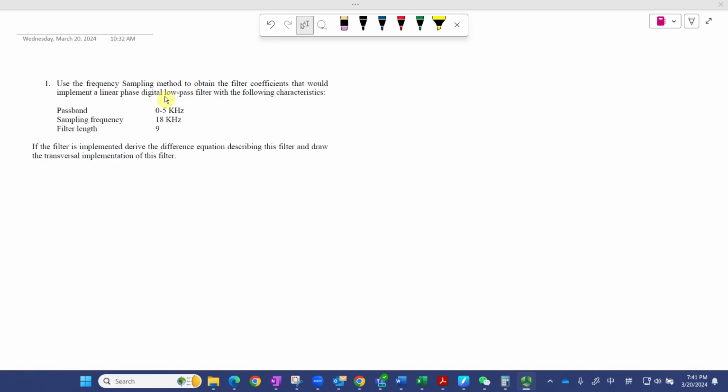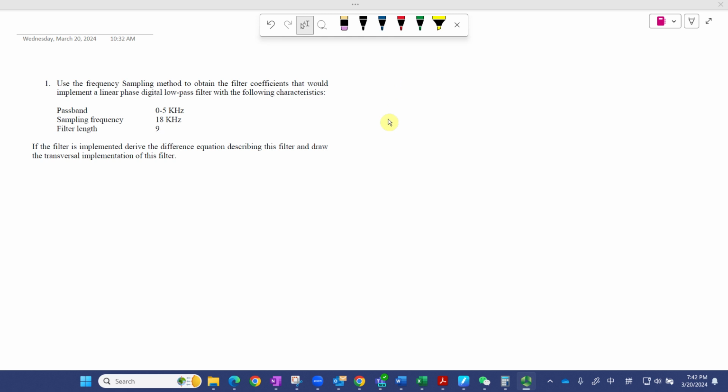Okay, so this question is to use the frequency sampling method to find the filter coefficients. The idea is, first we draw the frequency domain diagram for the ideal low-pass filter, and then we take a sample of that filter, so get the discrete Fourier transform.